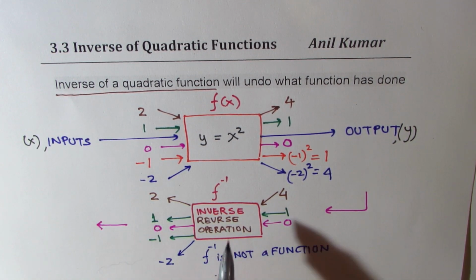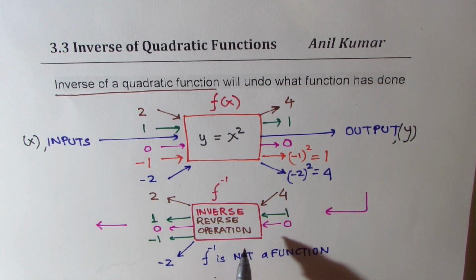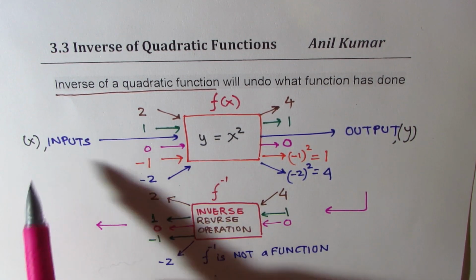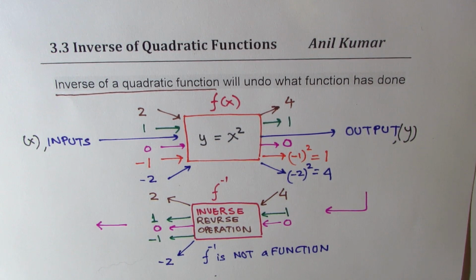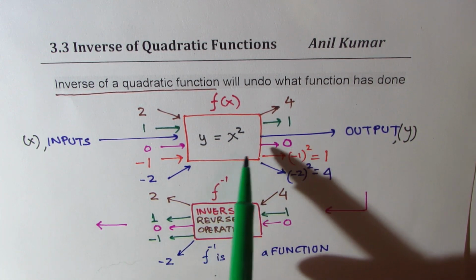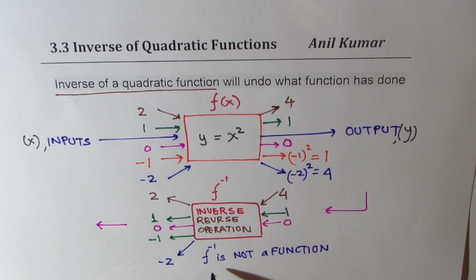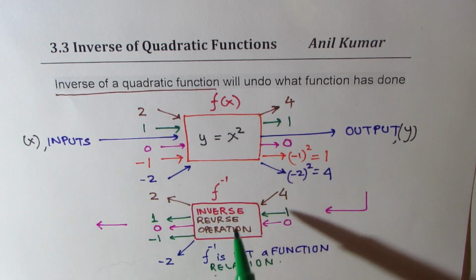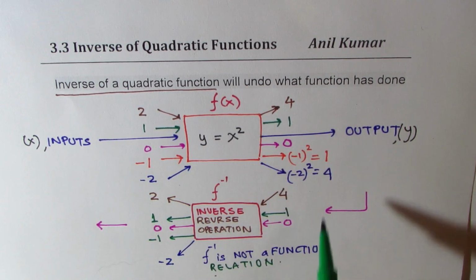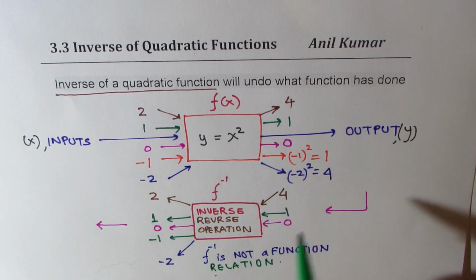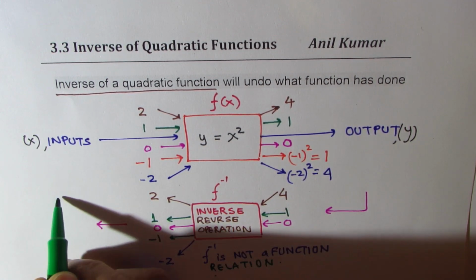However, there are techniques to make this a function, and that is to restrict inputs. The first thing we notice is that the reverse operation can be performed. However, it is not a function but only a relation. Algebraically, this relation is written as f inverse.